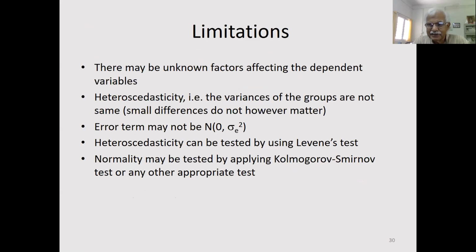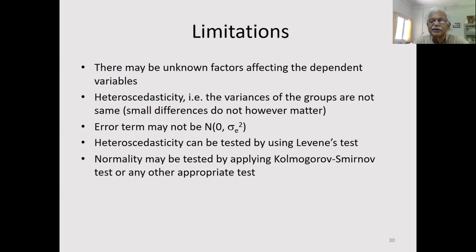There are limitations of analysis of variance. They are as follows: there may be unknown factors affecting the dependent variable, which we have not considered in the model. Heteroscedasticity, which as I explained earlier, means the variances of the groups are not the same. Then the error term may not be normal with fixed sigma square.